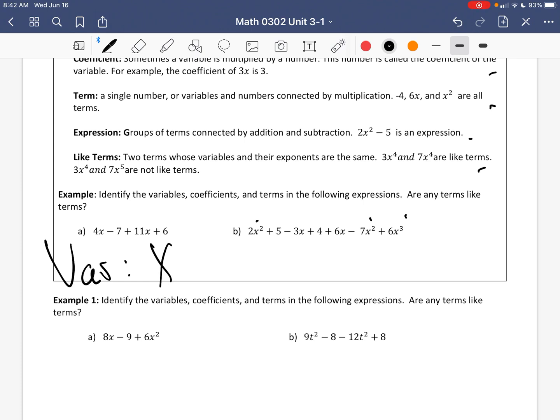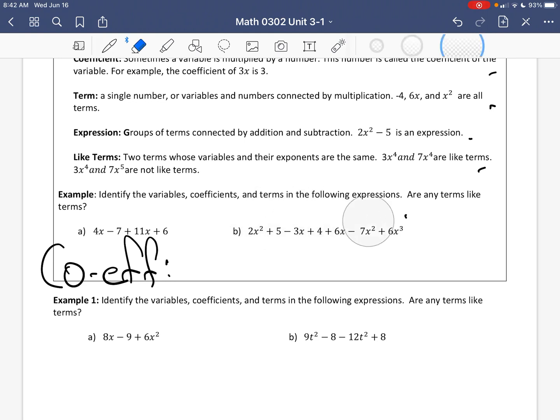The next thing we'll do is identify the coefficients. I'm going to use an abbreviation here for the coefficients. Again, the coefficients are pretty easy. Just create a list of the numbers that you see in the expression.